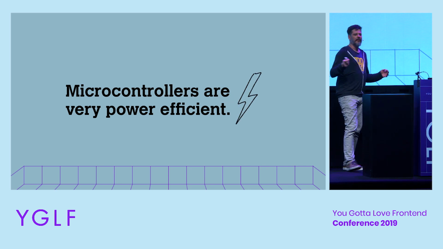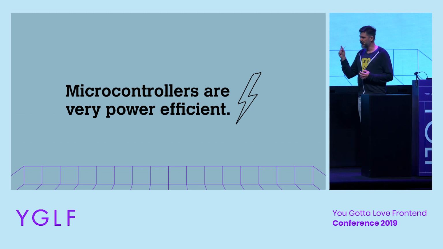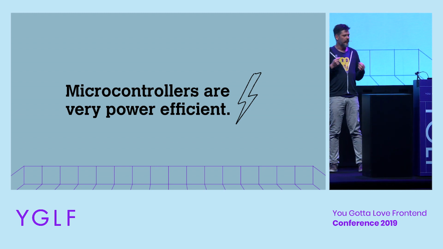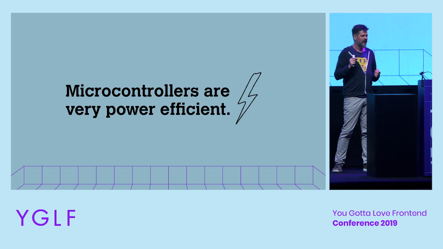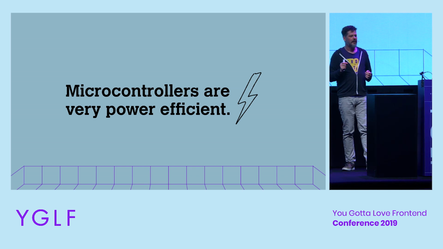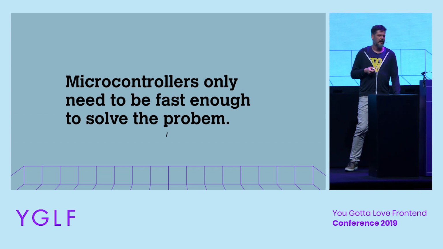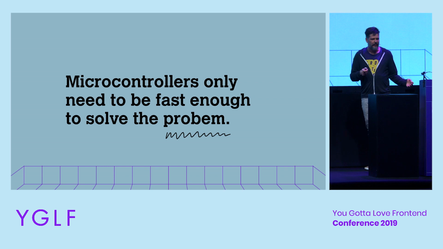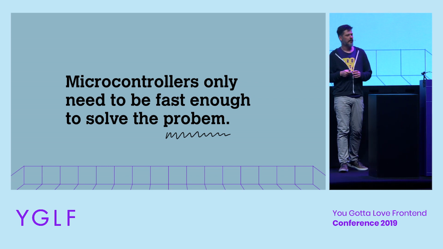Now, microcontrollers are very power efficient. I can run JavaScript on a tiny little Bluetooth-enabled board and power it using a coin cell battery. And it can run for months. So slow is a good thing. Because when we make things faster, they require more power. And microcontrollers are fast enough. Yes, they are slow, but we only have to solve very small problems.